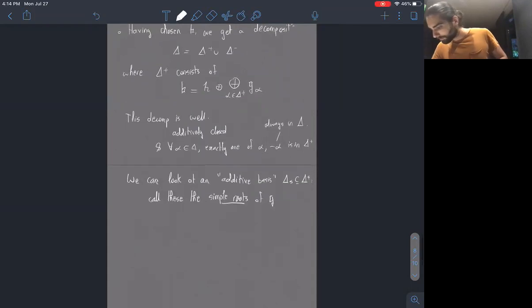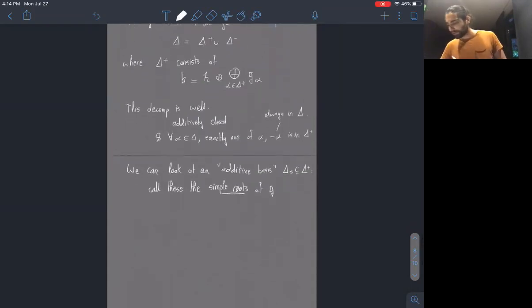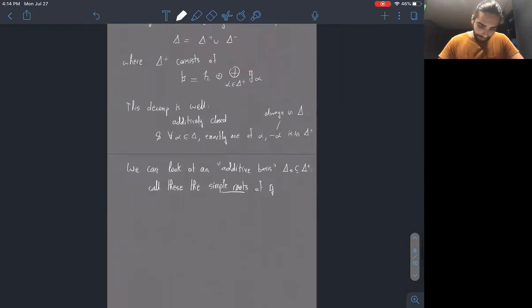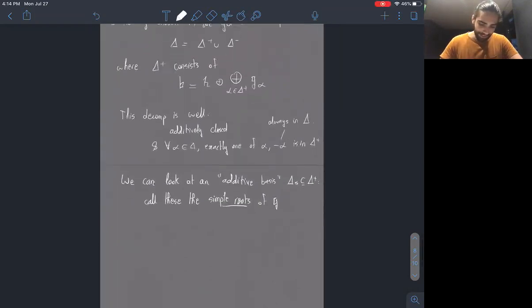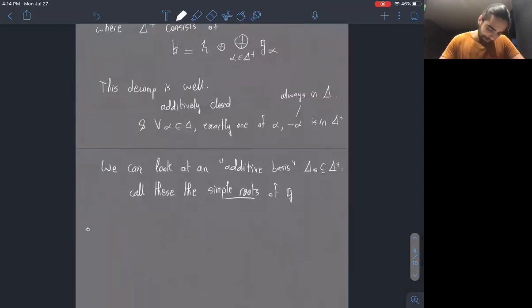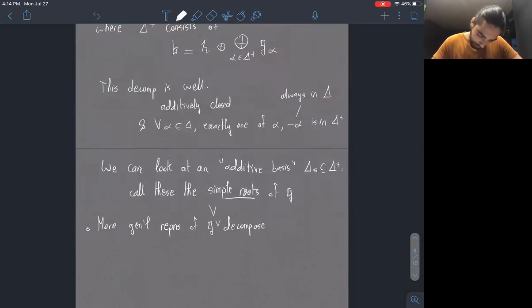So now that we've said everything there is to be said about the roots themselves, I should say that more general representations of G, let's call them V, decompose with respect to the restricted action of H, in a similar way.